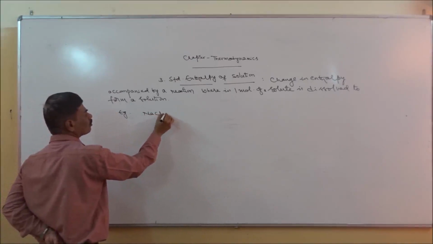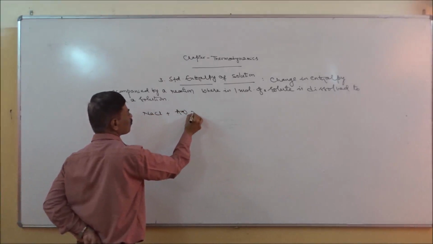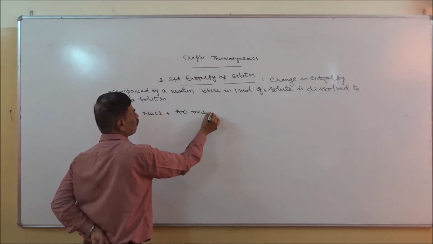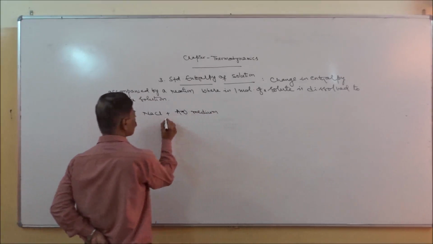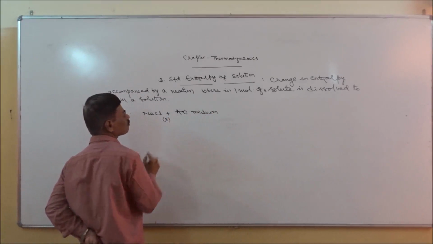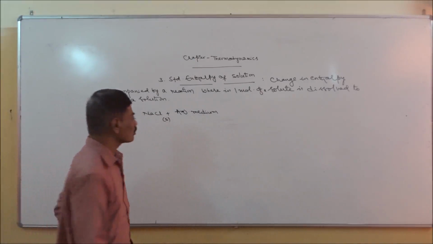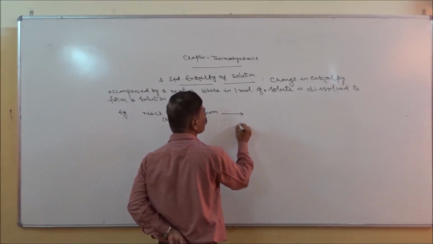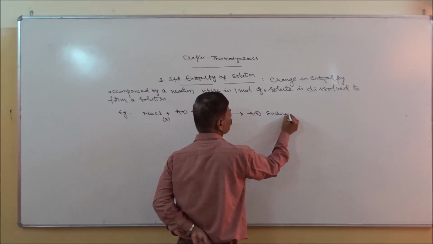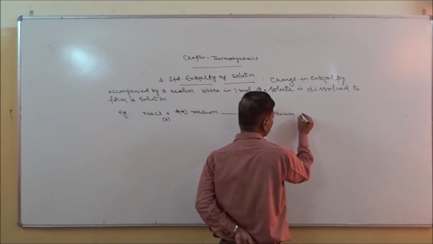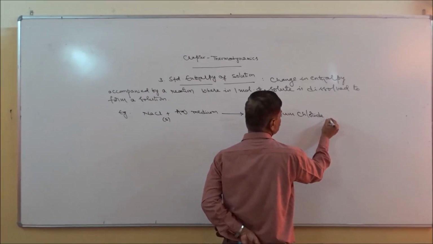To this, we will add water. That means aqueous medium we are going to add. Okay, and sodium chloride is solid. In place of aqueous medium, we can write water also. Then it gives rise to aqueous sodium chloride solution.